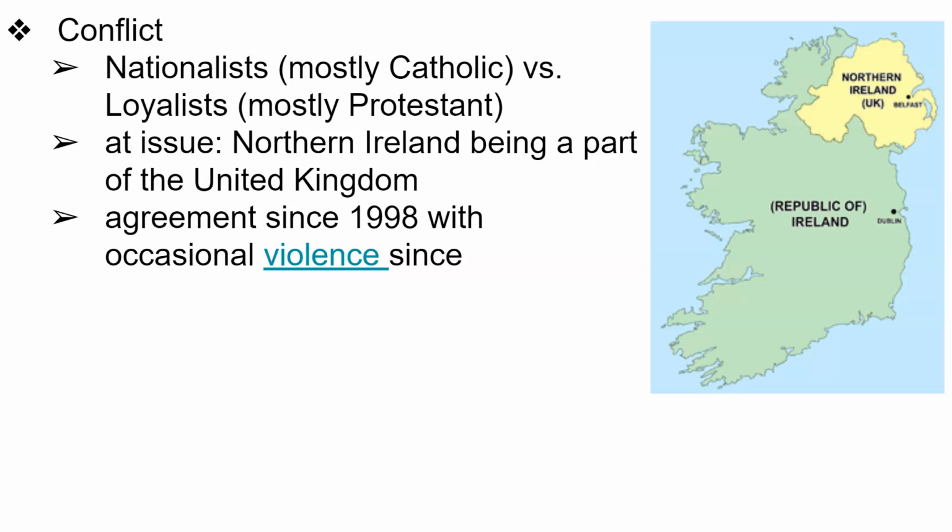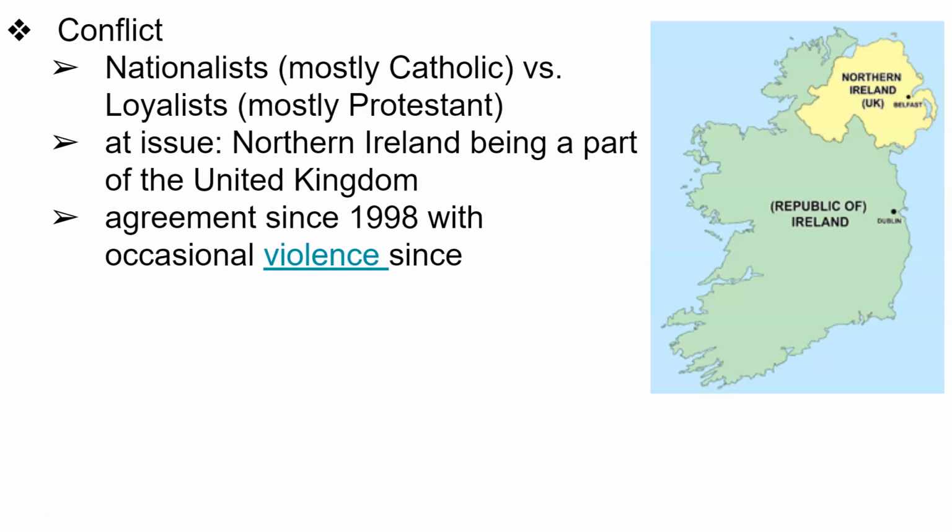So after becoming independent from Britain in the 1920s, Ireland and Northern Ireland got into a series of violent actions known as the Troubles in Irish history, particularly between two groups, the Nationalists and the Loyalists in Northern Ireland, with a large part of the violence focusing in the city of Belfast.